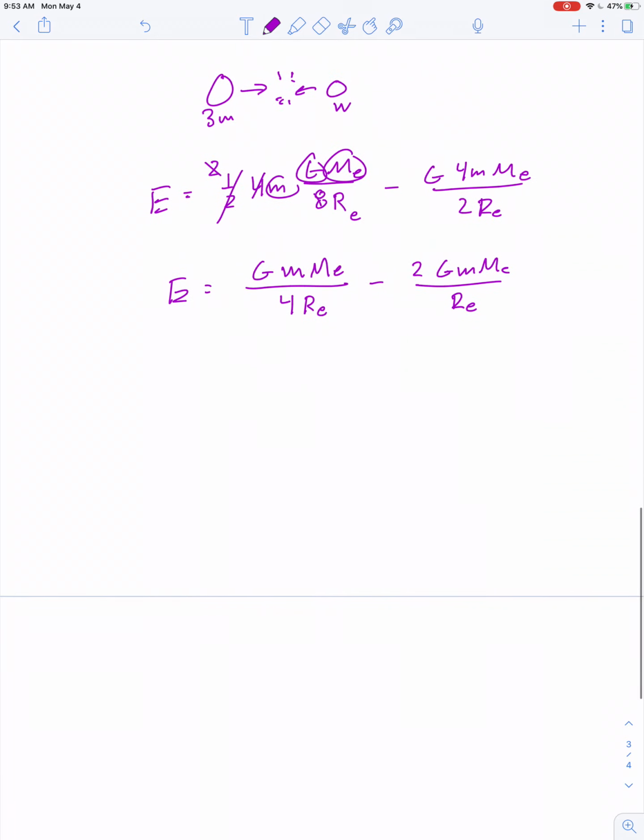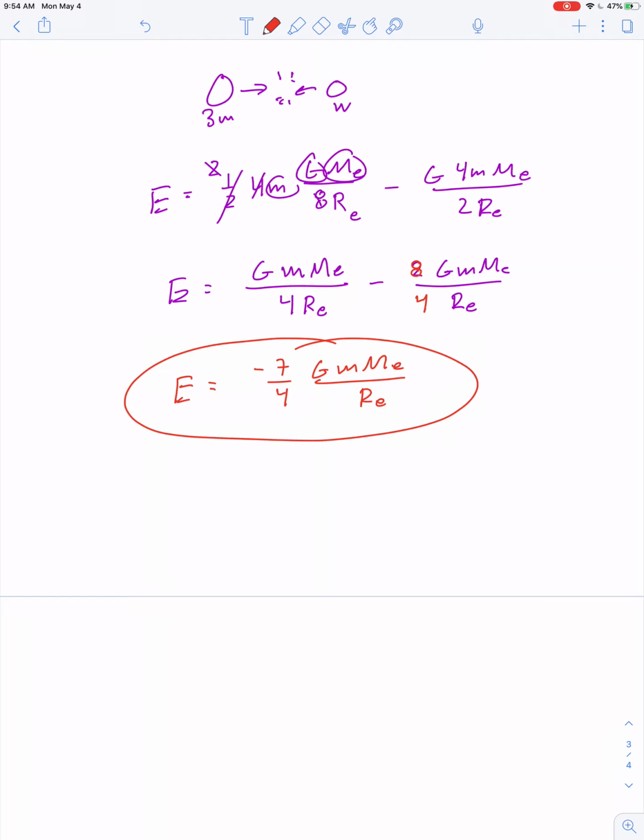So we need to get a common denominator. How about instead of 2 over 1, we change it to 8 over 4. So we've got 1/4 minus 8/4. So we get a total energy equal to negative 7/4 GMm over R_E. Okay, that should do it. Thanks.